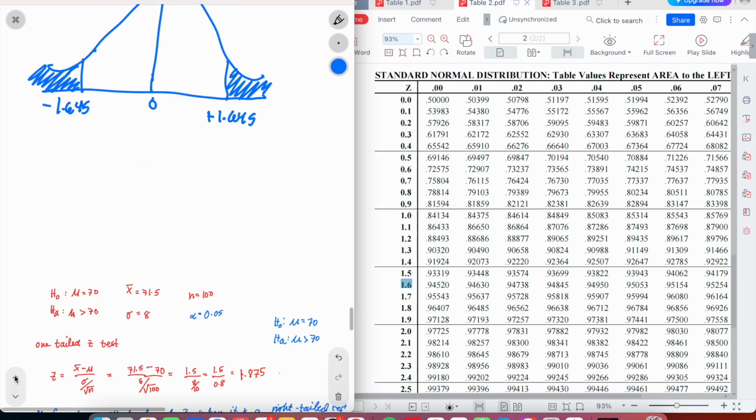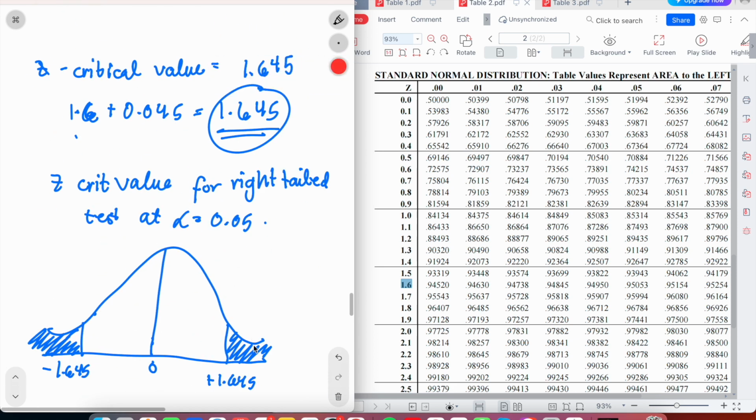That is 1.875. Therefore, this is somewhere here. Z equals 1.875. Note that if our z falls in between negative 1.645 and 1.645, we fail to reject the null H0. If it falls beyond these critical values, then we reject H0.